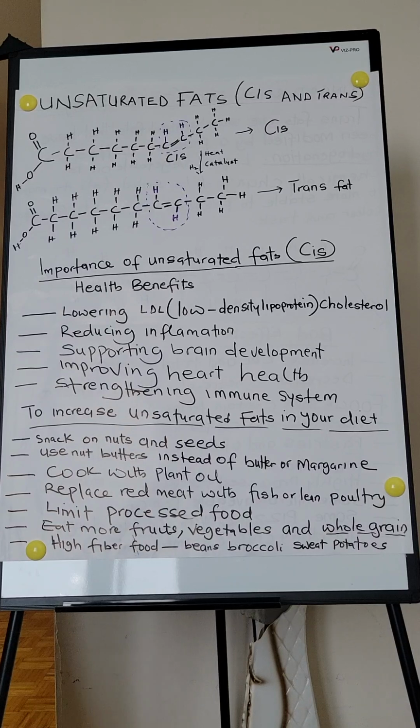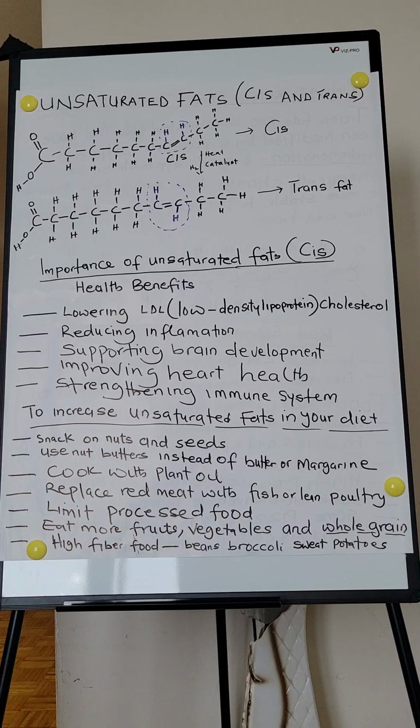We are advised to eat more foods that contain unsaturated fats. To increase the unsaturated fat in your diet, what foods can you eat? You are advised to snack on nuts and seeds, like peanuts, pumpkin seeds, and sunflower seeds.